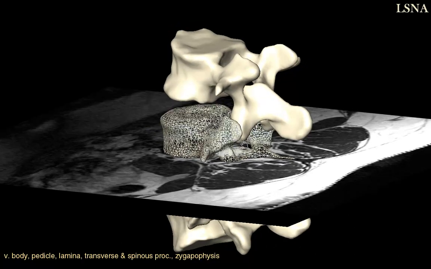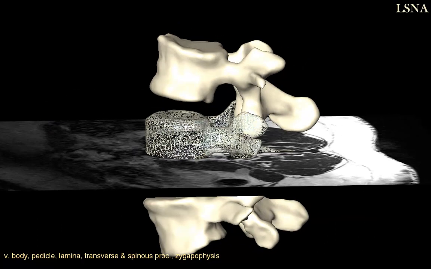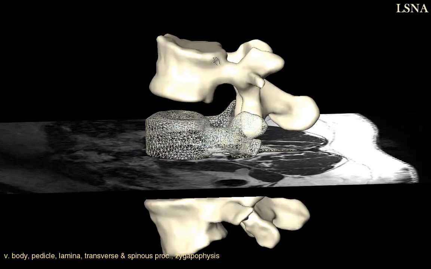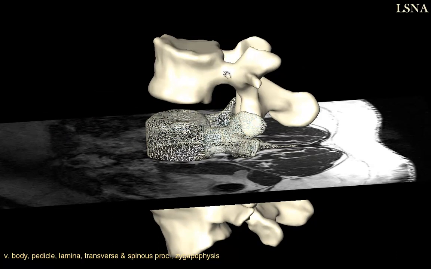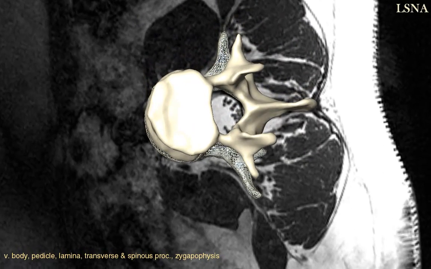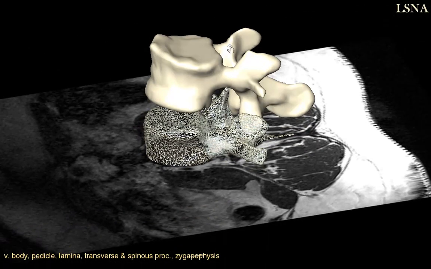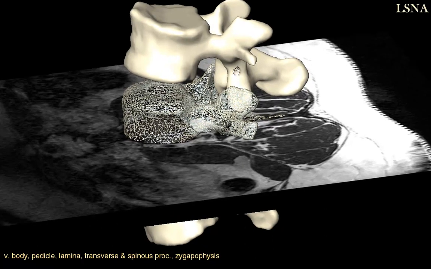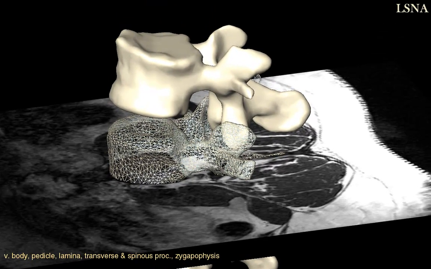The stout pedicles arise on the posterior lateral aspect of the body and fuse with the lamina to encircle the vertebral foramen. Behind the pedicles, two additional processes appear: the superior and the inferior zygapophysis.